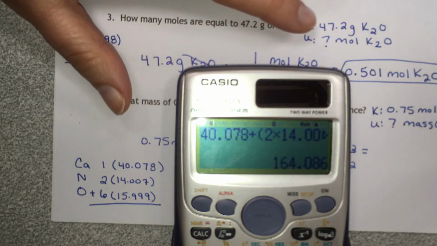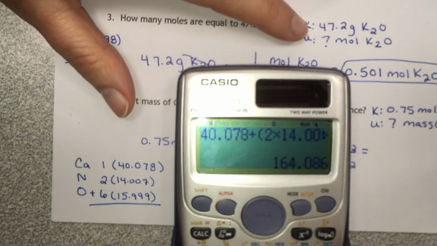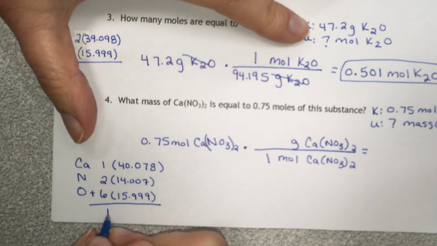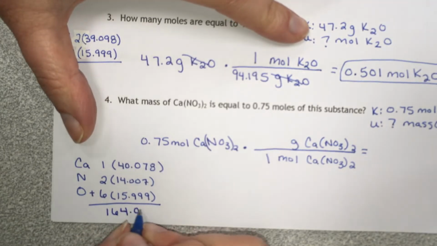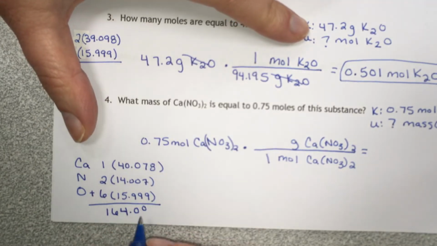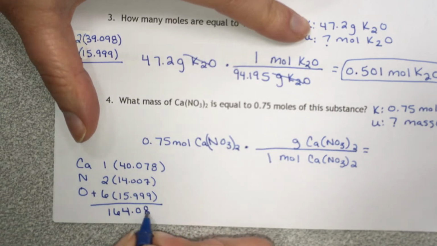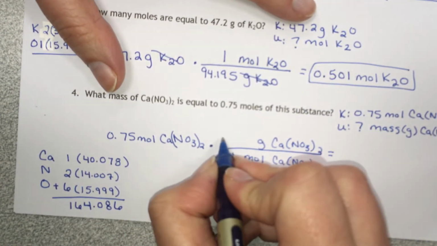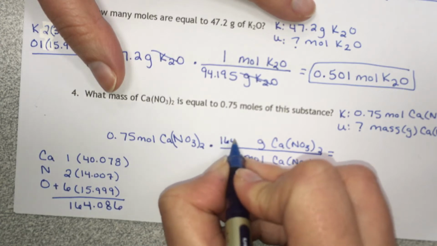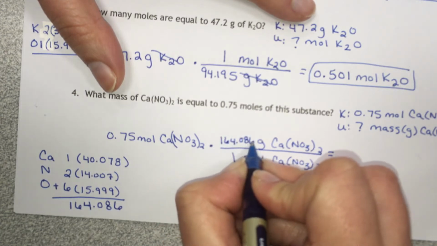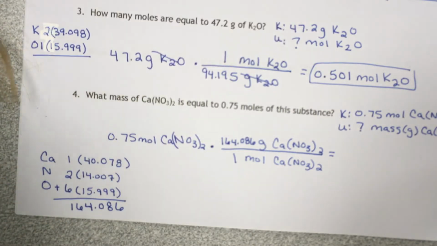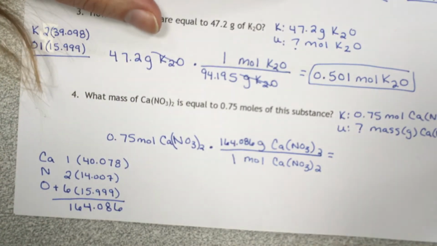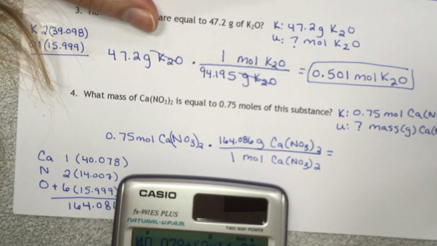And the answer is 164.087. It's 086. Okay, so we just plug that in here. 164.086. Easy. And then we just plug this into the calculator.